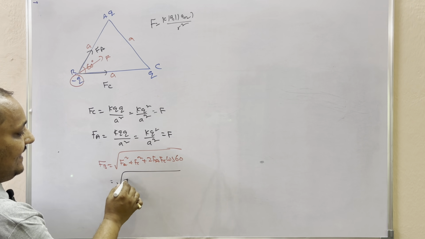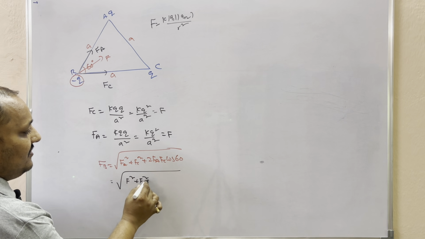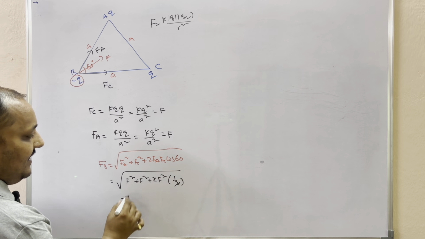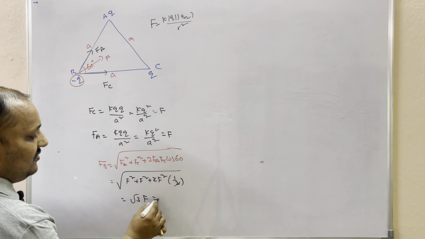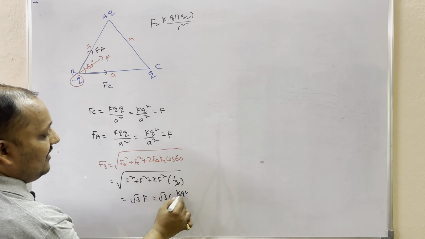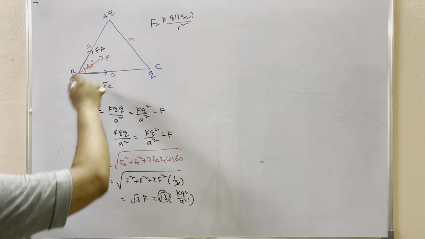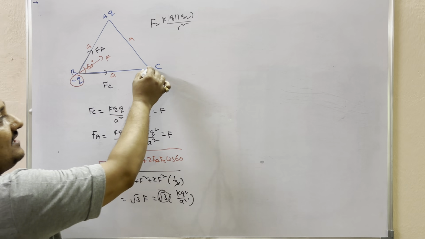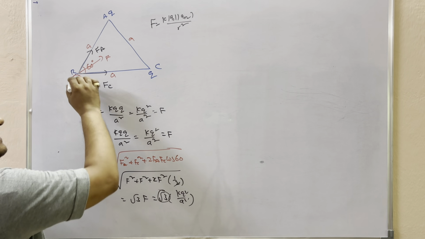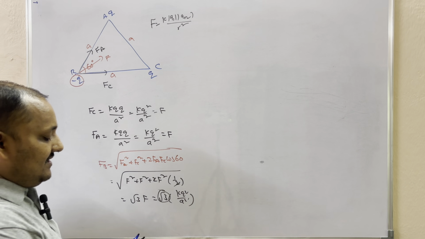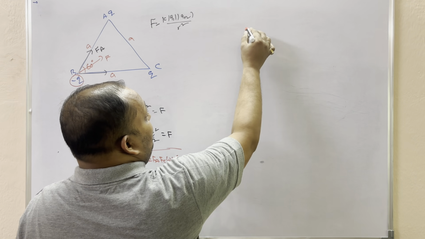Here we are using it the second time, therefore you should remember it, cos 60 is 1 by 2. Again you are going to get the same answer, root 3 K Q square by A square. Same answer you got. See the directions: in the previous one the direction was away, now it is coming towards. So the direction is going to be changed. See the next problem.